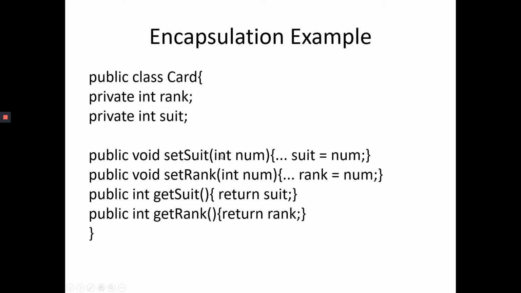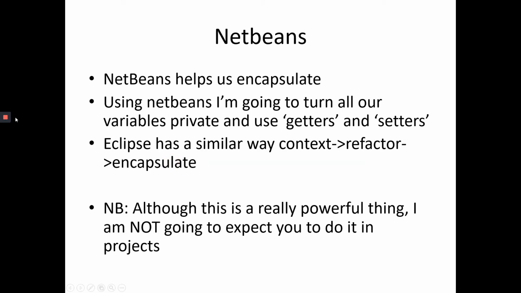You'll notice that they follow a particular pattern. The setters don't really return anything. They take in the type of variable that they're trying to set, and the naming is just set and then the name of the variable. Set suit, set rank, get suit, get rank. Those are the names that you want to follow to stick with convention.